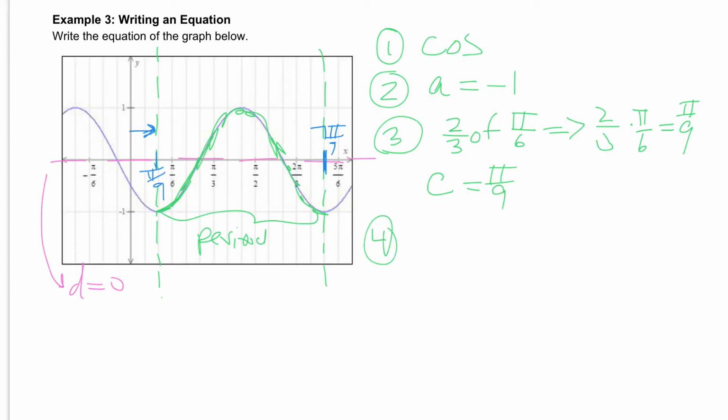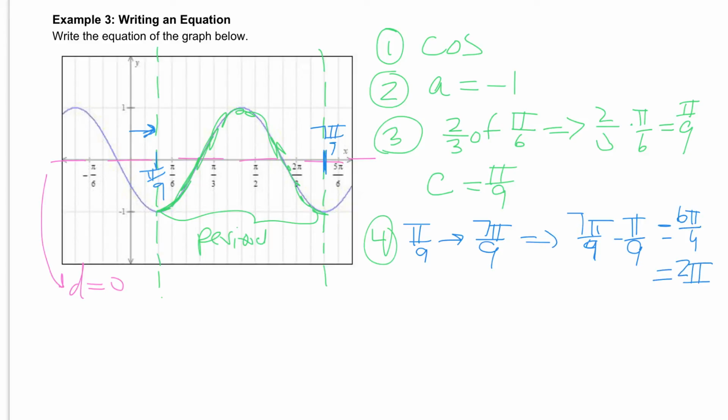So we are going from pi over 9 to 7 pi over 9. To figure out what the period is, we're going to subtract 7 pi over 9 minus pi over 9, which is going to give us 6 pi over 9, which is the same thing as 2 pi over 3.